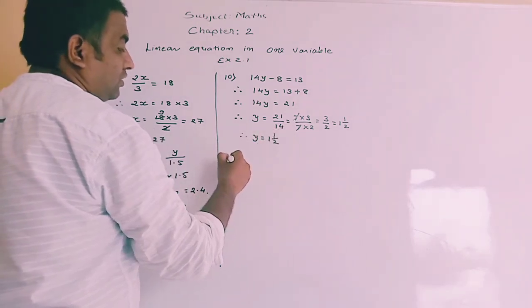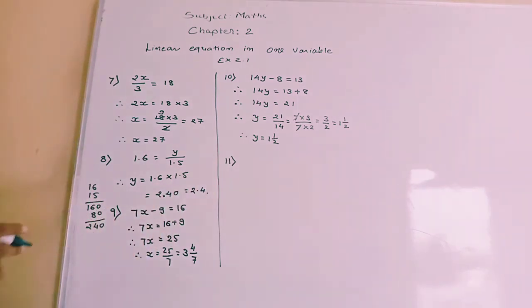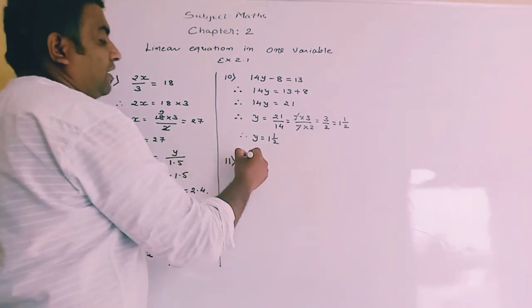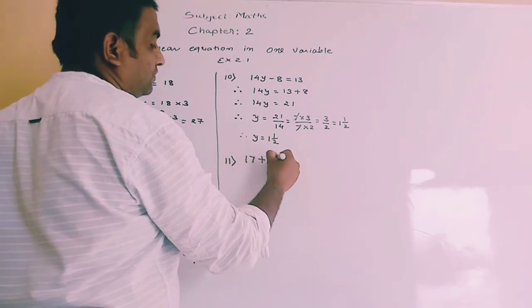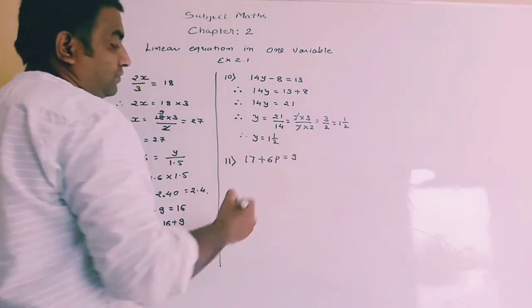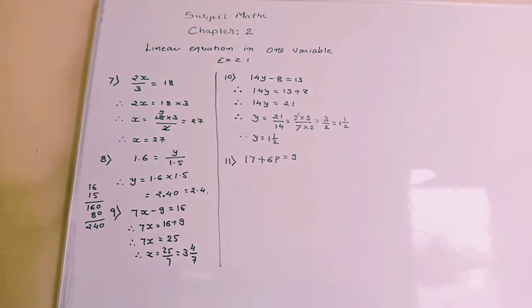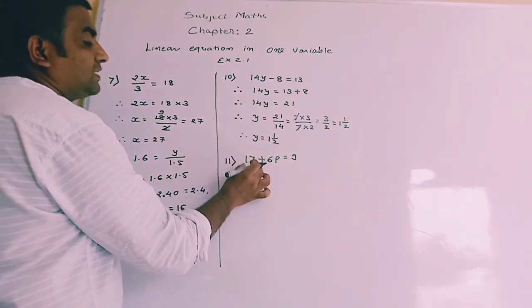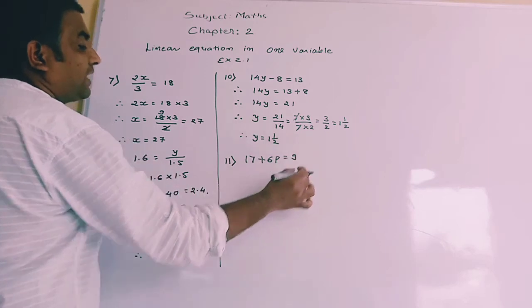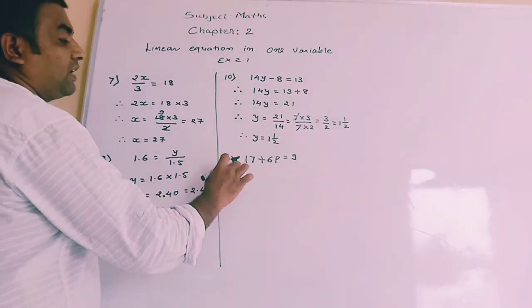Now 11th question we have 17 plus 6p equals 9. So 17 from the left hand side we take to the right hand side, plus will convert into minus.